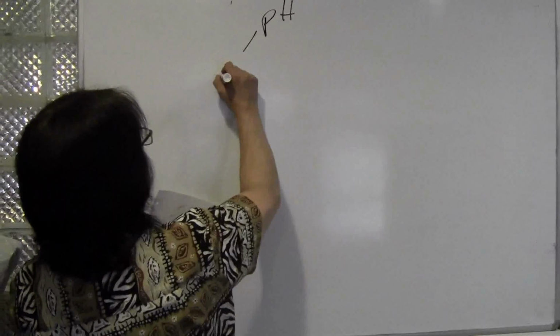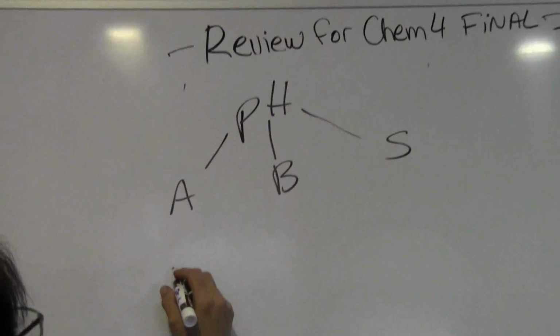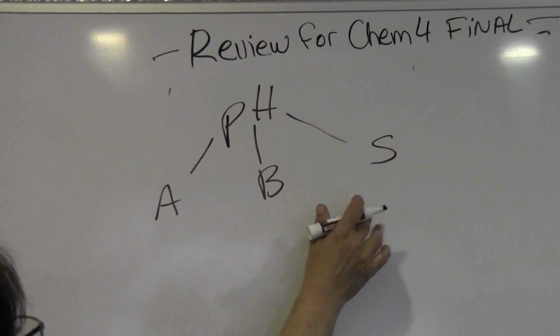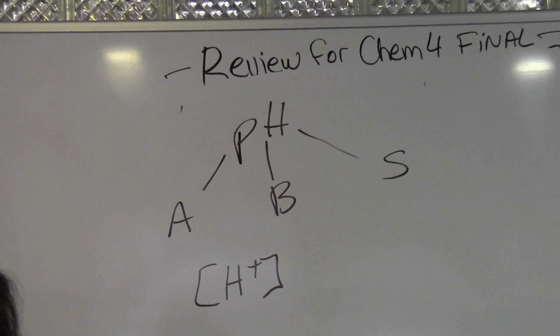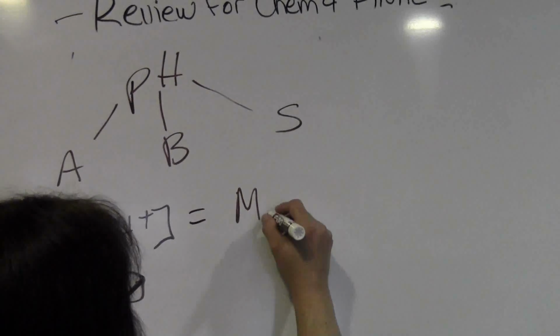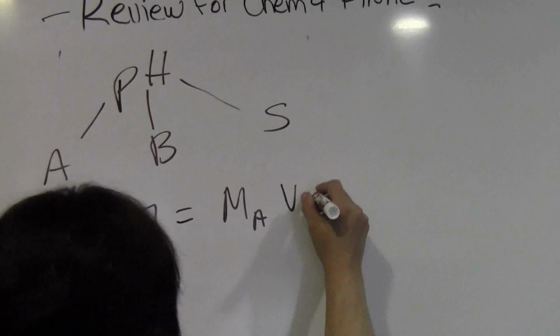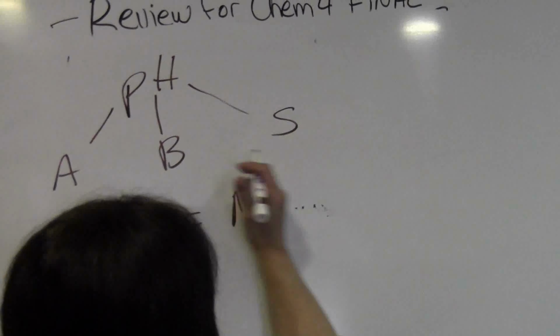But you're going to be determining the pH of acids, bases, and salts. And to determine the pH, you need the concentration of the hydrogen ions that are in solution.